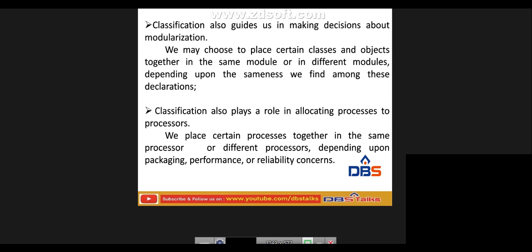Based upon this, we can assign which classes go to a module and which different classes are assigned to different modules.